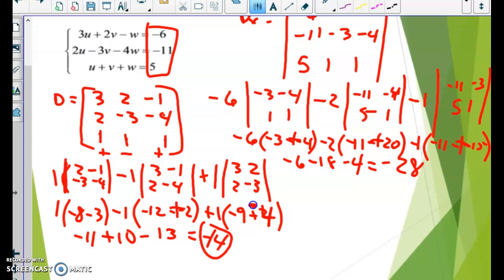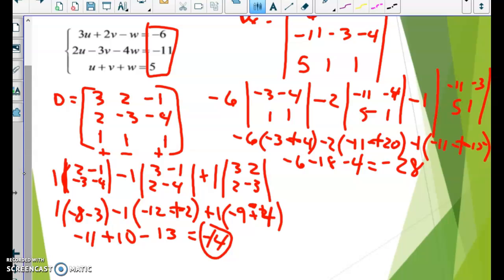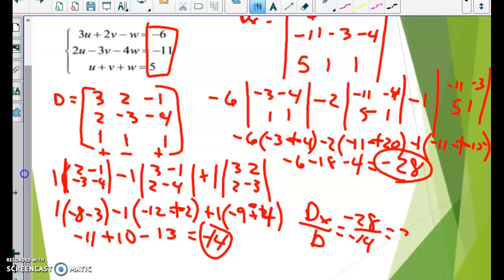Okay. I want to show you how to find the X value of the matrix because we have the 2 answers here. Notice here is D of X divided by D, so I get negative 28 divided by negative 14. It gives me an answer of 2.